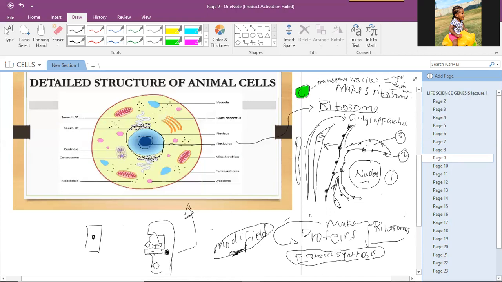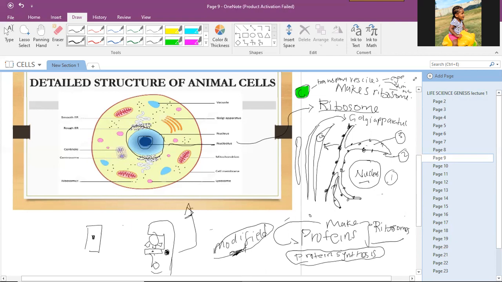So you've seen these structures of the cell, they make sense, no wonder they are arranged close to each other. The nucleus is going to be close to the rough endoplasmic reticulum. The rough endoplasmic reticulum is going to have ribosomes. The rough endoplasmic reticulum will be very close to the Golgi apparatus.